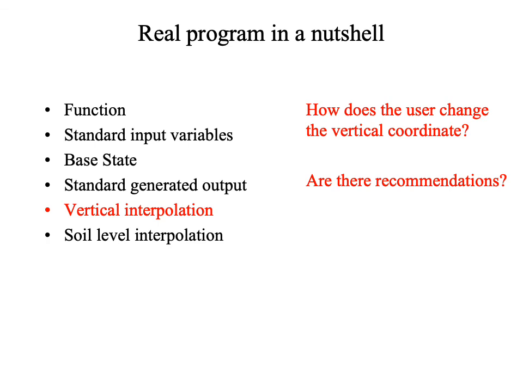However, what are the recommendations? It's simple. Initially, just try to use what the defaults are. If you see difficulties or problems in your initial data, then it's worthwhile to go back and take a look at some of the vertical interpolation options and see if you can tinker with those to get your initial conditions just exactly how you want.